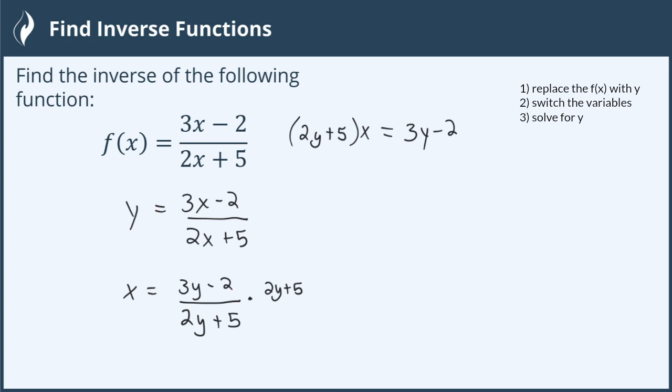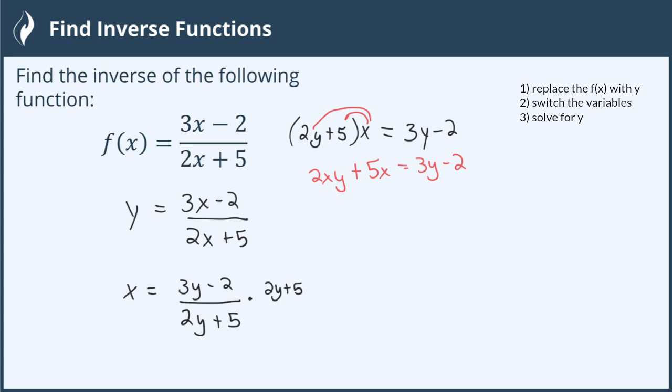And then we're going to clear the parentheses by distributing this x to both these parts. Now we have 2xy plus 5x, and that equals 3y minus 2.